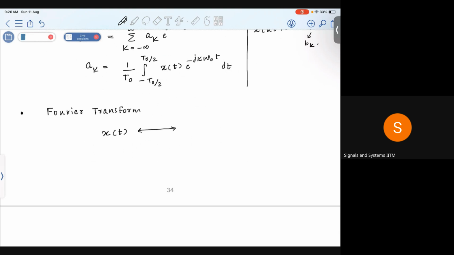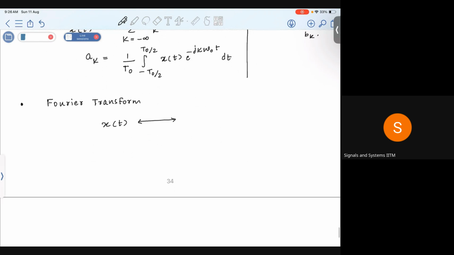There are a few more signals which do not satisfy Dirichlet conditions but still have a Fourier transform. But for this course, any signal satisfying Dirichlet conditions will have a Fourier transform representation. What it means is there is an associated frequency domain. So x of t is a signal that you represent in the time domain. Corresponding to this x of t, there is a frequency domain representation.